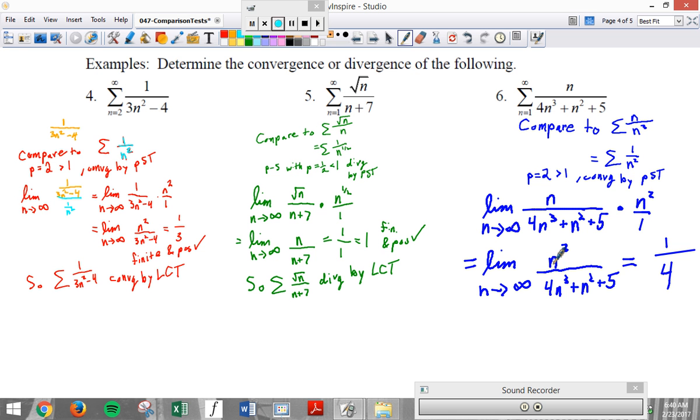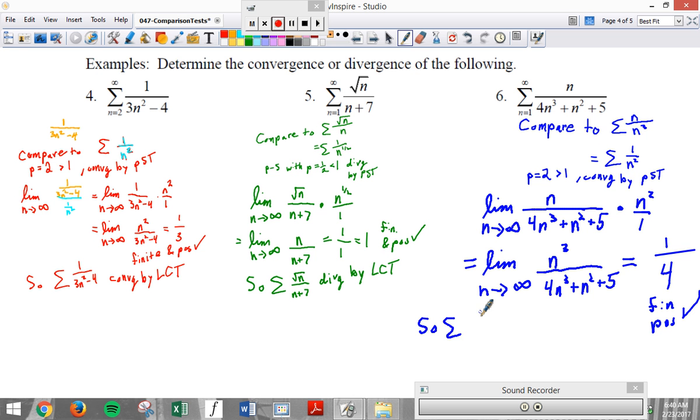You could really mess this up by making the top too big or making the bottom too small. Or making the bottom too big, and then this won't become a finite and positive number.